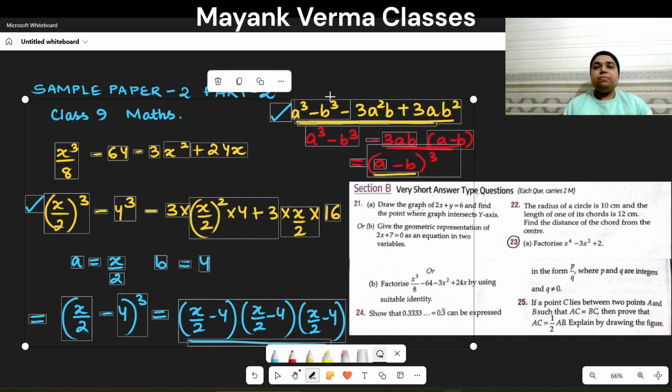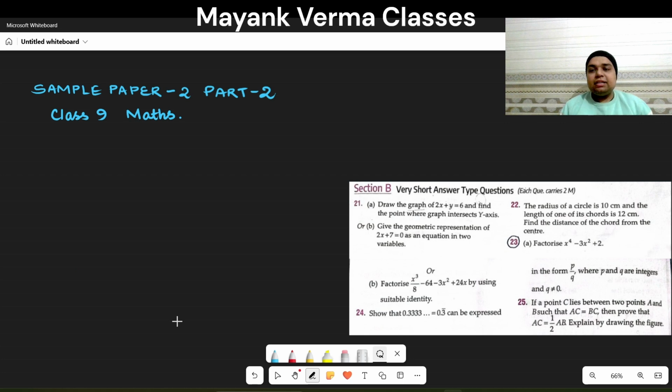In the next question, it says show that 0.333... can be expressed in the form of p upon q. Okay, so I am talking about this question right now, the 24th question.